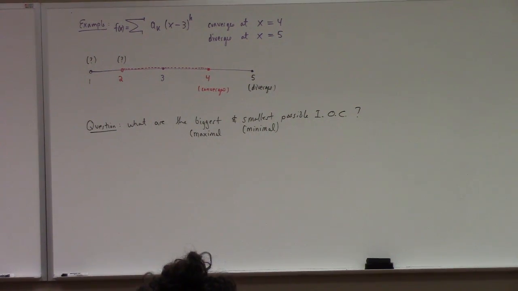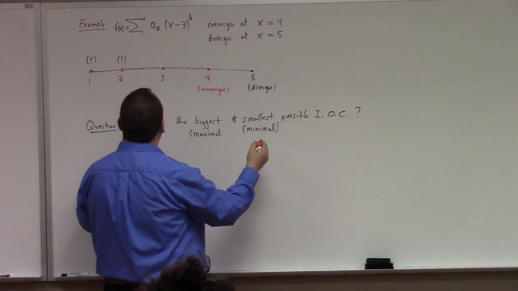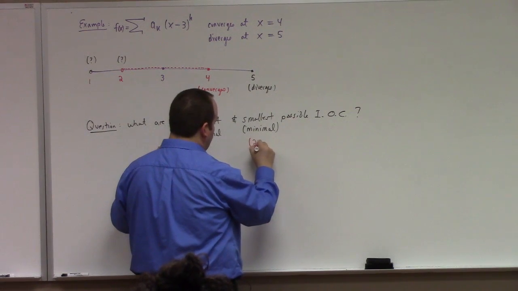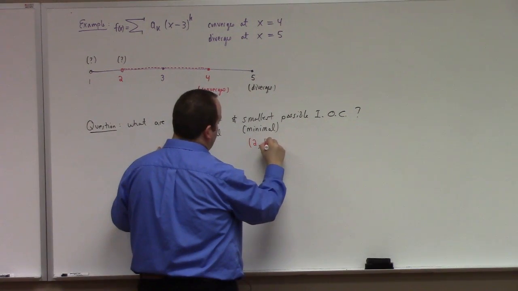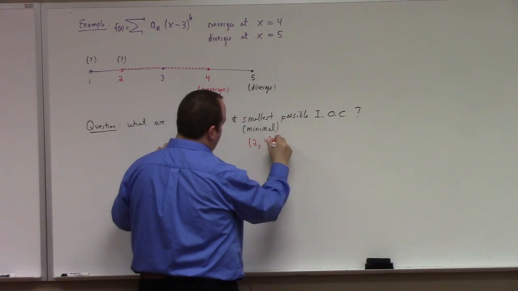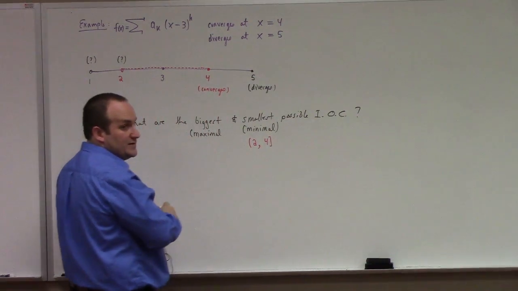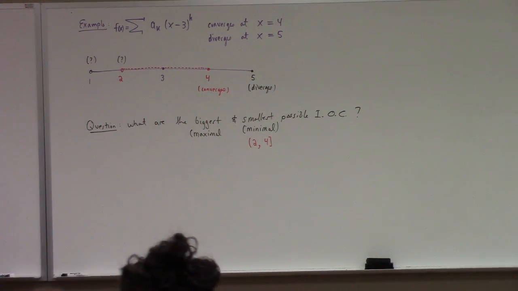Absolute convergence implies convergence, right? So the interval of convergence has to at least include that dotted line. Do you guys see why that is? So the minimal one would be 2, not included, to 4, which is included. That's part of our data, right? So that's the smallest IOC which is possible with the given data.